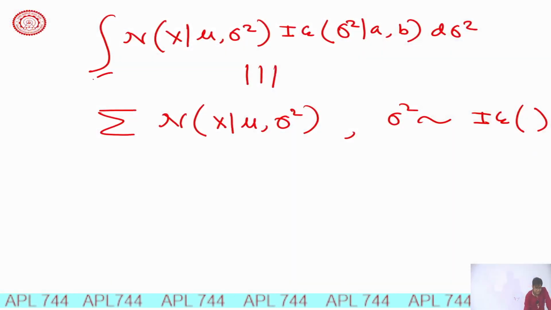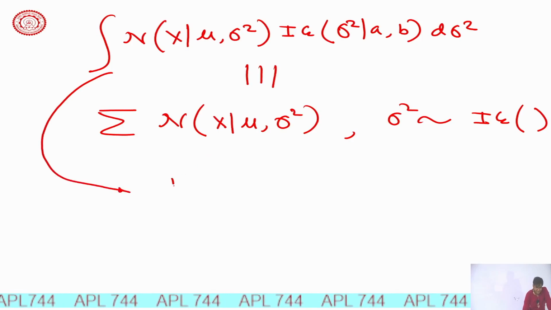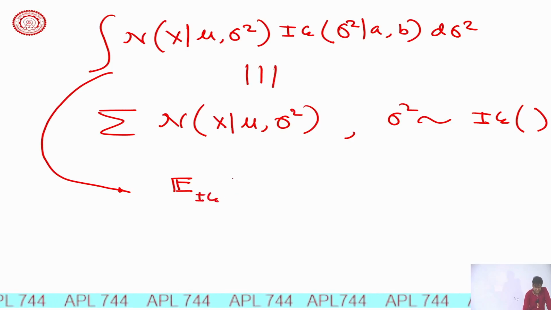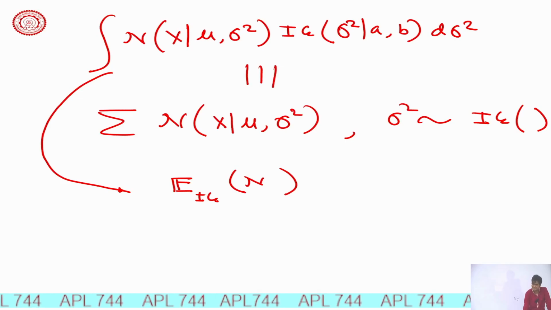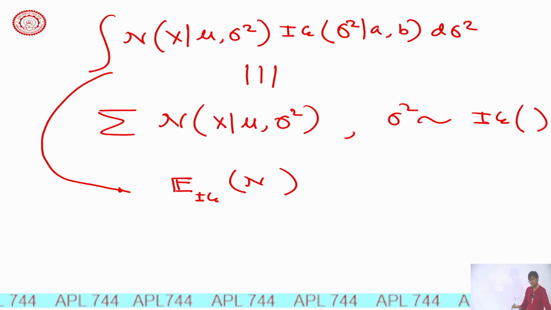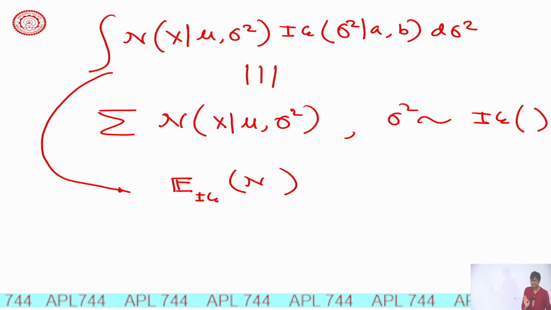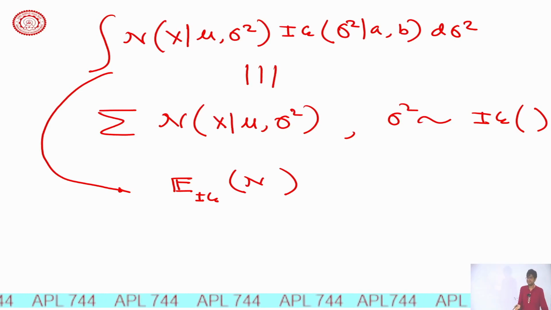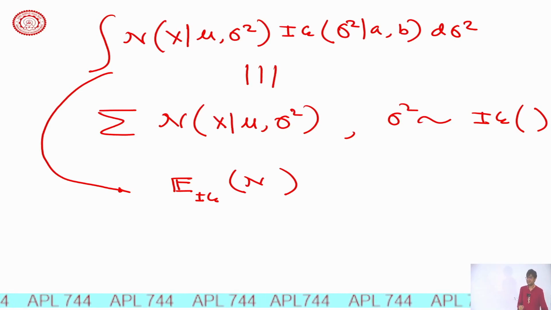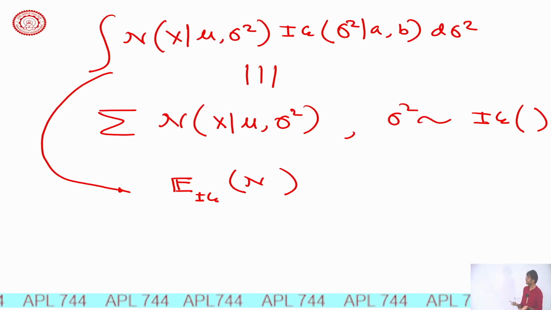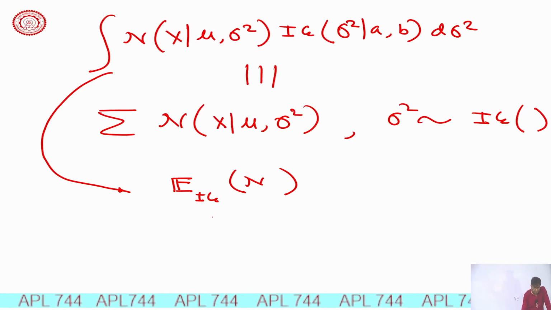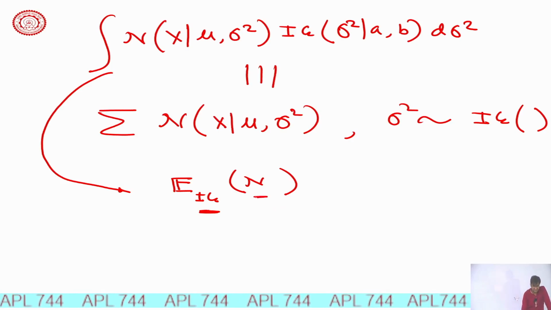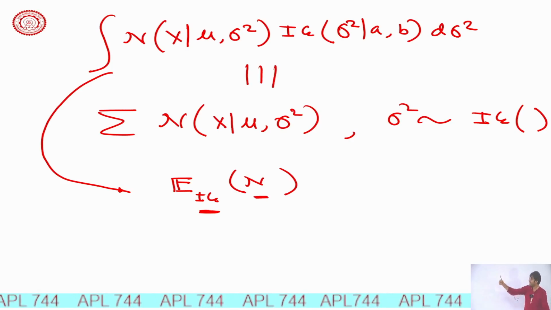So tell me, is it not equal to the expectation with respect to inverse gamma of the Gaussian? You can also write the expectation of the inverse gamma with respect to the Gaussian, that's also fine. Now, if it is an expectation, how can I do it? I should draw samples from the inverse gamma, and for each of those samples, I should evaluate what is inside. So isn't that equal to what I have written earlier?